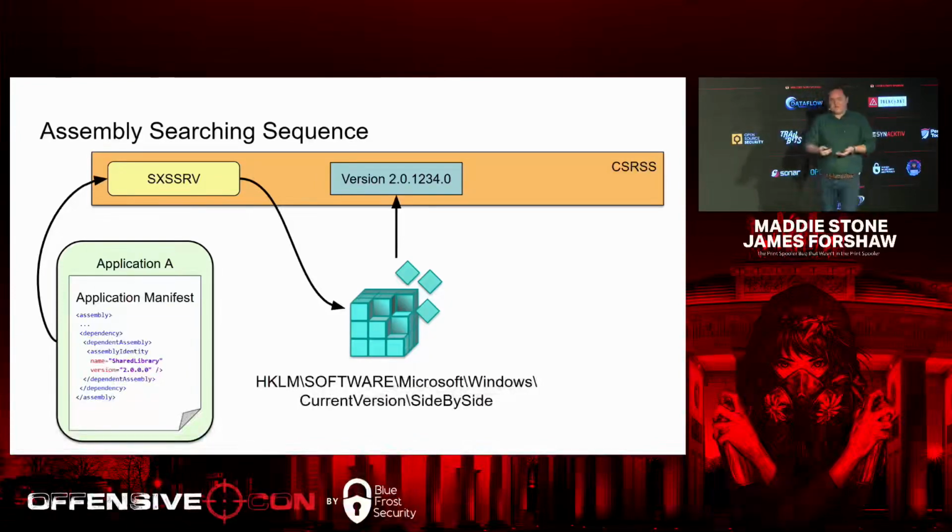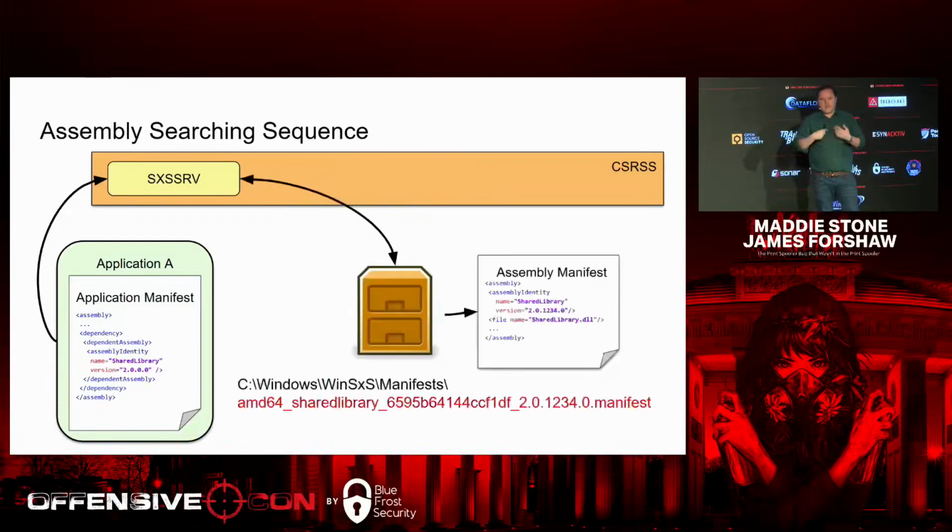Then it takes that version information and the name of the assembly it's trying to reference, and uses that to construct a path underneath the Windows side-by-side assembly directory, which refers to what is called an assembly manifest for that assembly. And as we can see here, this is just an XML file as well.